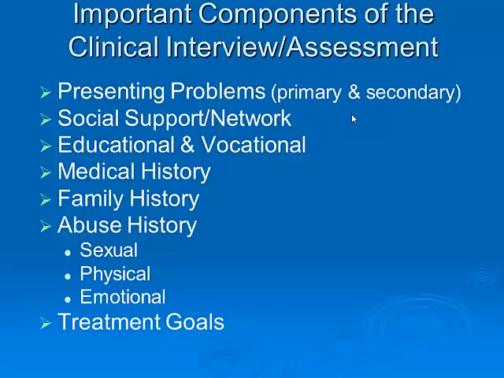Another important area that I find to be really important is run-ins with the law. So whether there have been any legal convictions, if they've ever been to prison or jail.